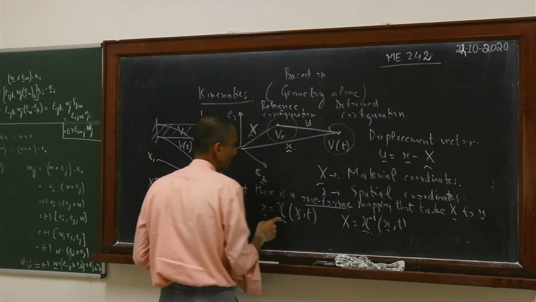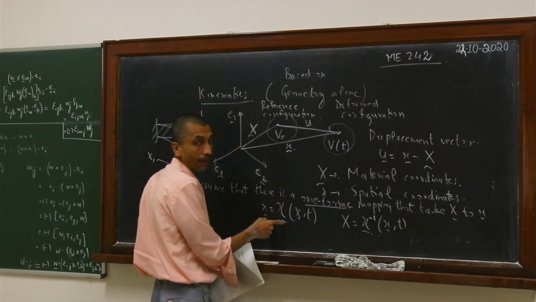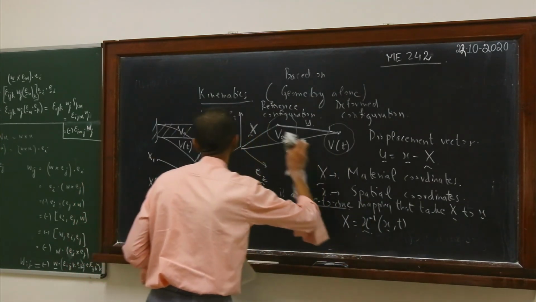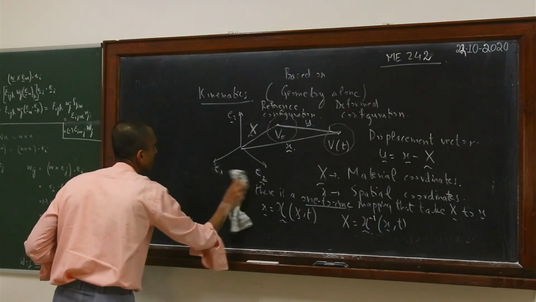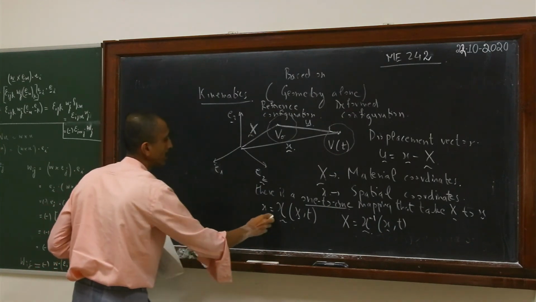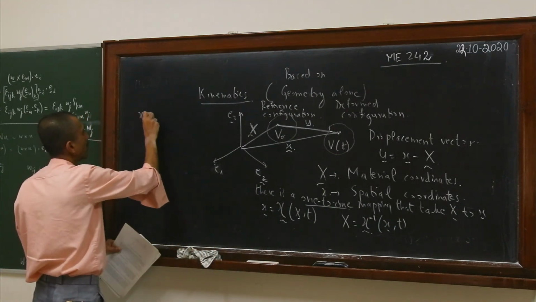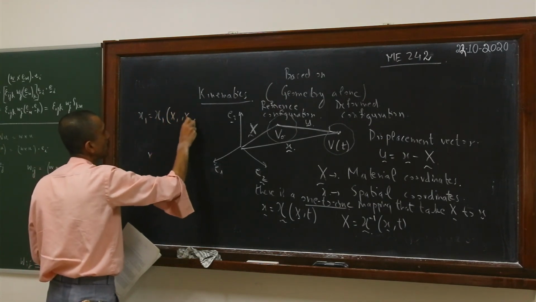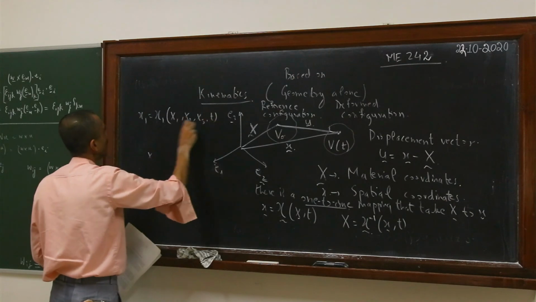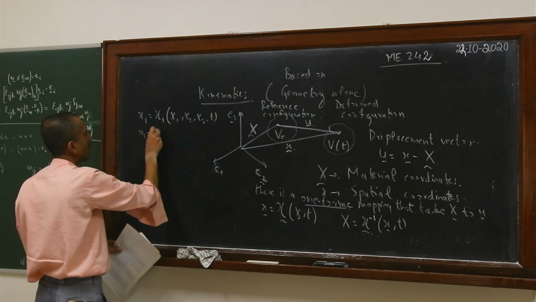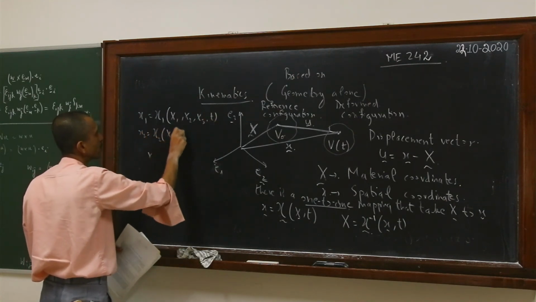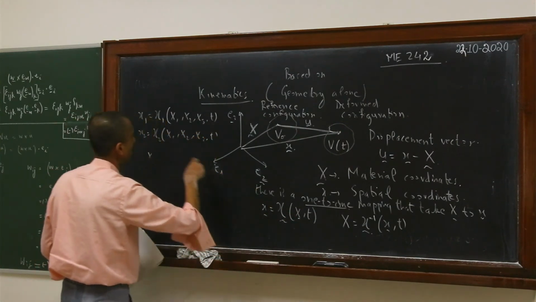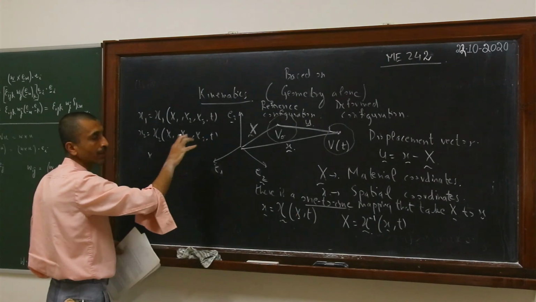So what you have to remember is that this is a vector mapping. If I write it in slightly more detail, your x1 is equal to pi 1 of X1, X2, X3, t. And your x2 is equal to pi 2 of X1, X2, X3, t. I'm just writing it out in a slightly more elaborate form so that you understand.